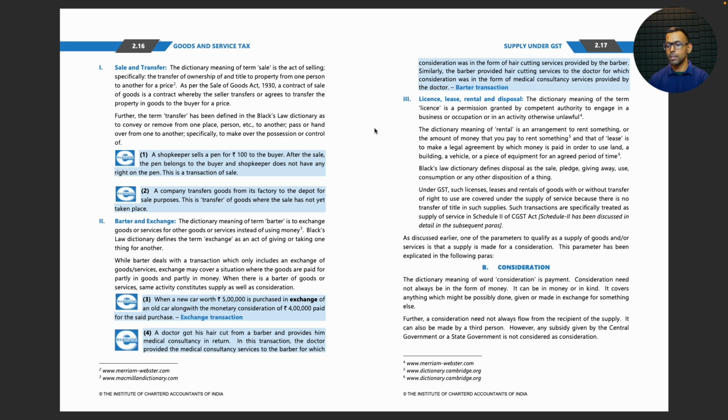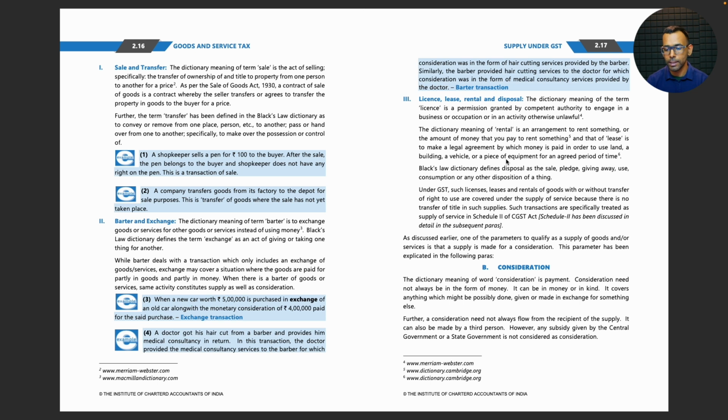As discussed earlier, one of the parameters to qualify as a supply of goods and or services is that a supply is made for a consideration. This parameter has been explained in the following paragraphs. Here they have again given a kind of definition only about licensing, leasing, renting and disposing. So with that, the form of supply is complete.